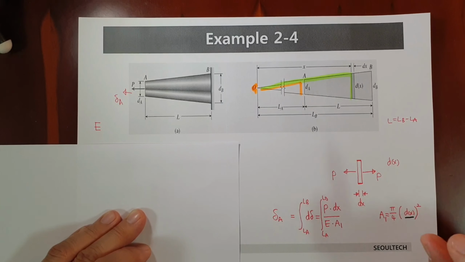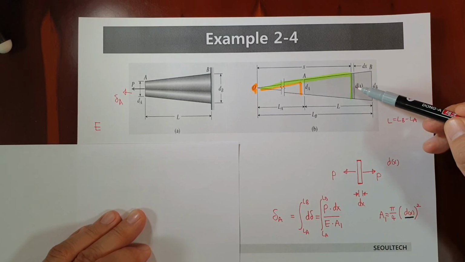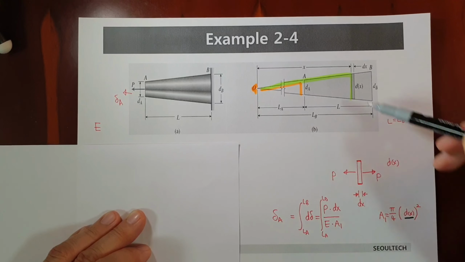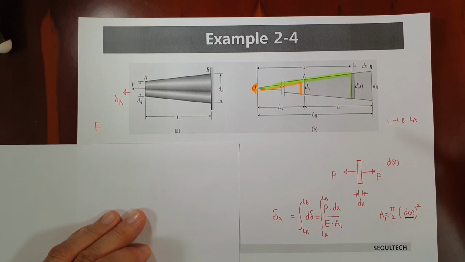It's a very thin disk. When I pick up this one, the thickness is dx, and the diameter is dx, this one.